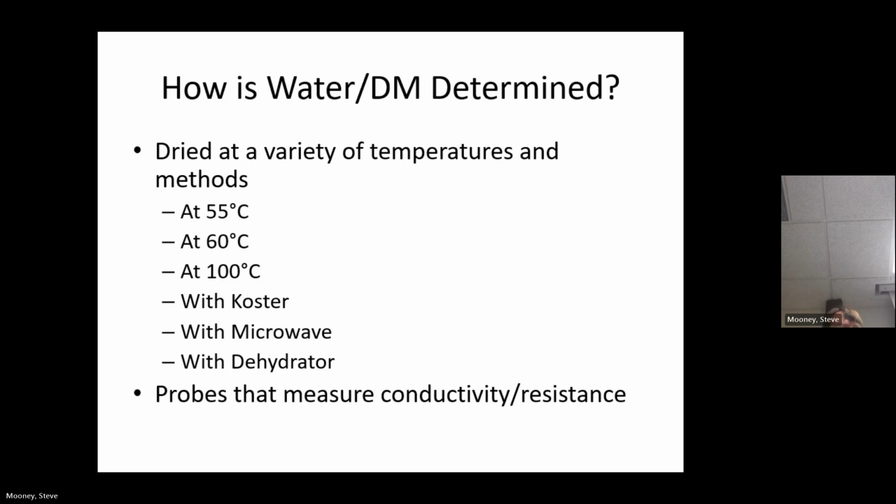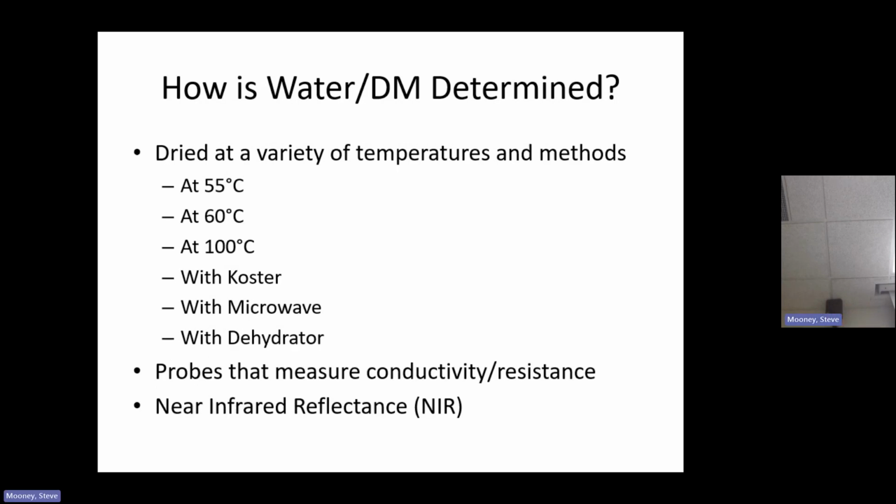Another measurement we'll use and we'll talk about is near infrared reflectance, NIR. When we send in our feed samples, we say, do we want wet chemistry or do we want NIR? NIR puts a particle beam through the feed stuff and measures the pattern of scattering. You take a set of known standards, and this scatter means there's 20% moisture in there.